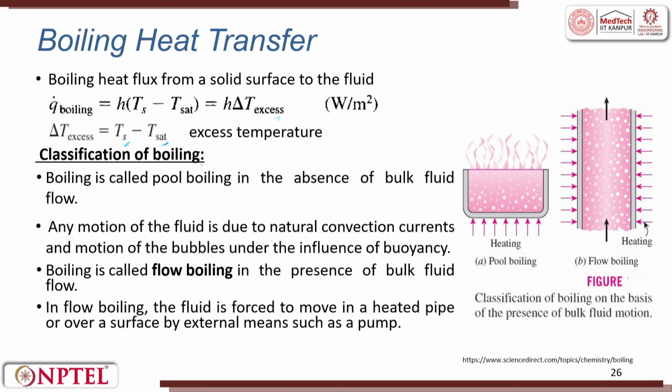The classification of boiling can be done as pool boiling. In the absence of bulk fluid flow, there is a pool boiling effect. Any motion of the fluid is due to natural convection currents and the motion of the bubbles under the influence of buoyancy.